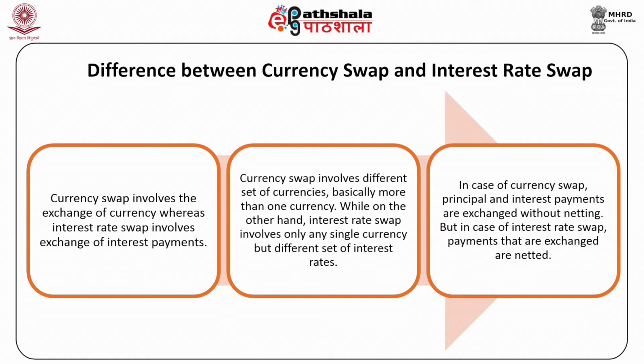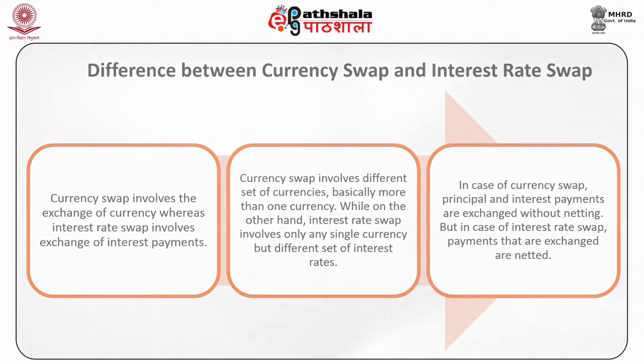Currency swap involves different sets of currencies, basically more than one currency, while on the other hand, interest rate swap involves only a single currency but different sets of interest rates. In the case of currency swap, principal and interest payments are exchanged without netting, but in the case of interest rate swap, the payments that are exchanged are netted.